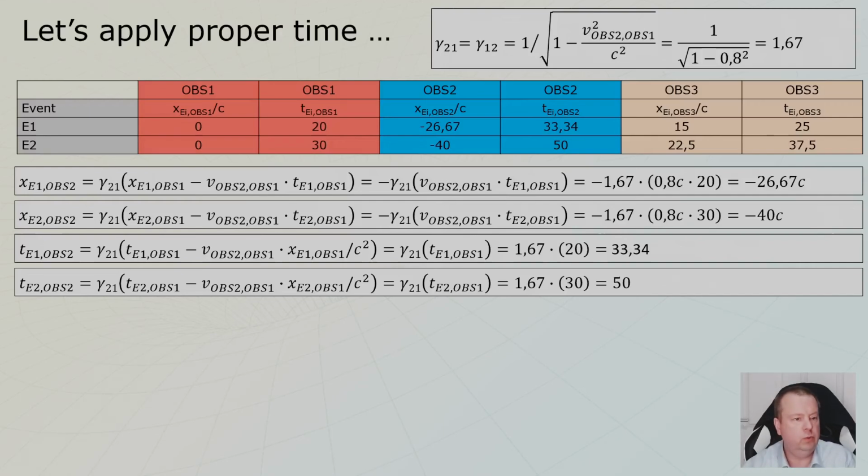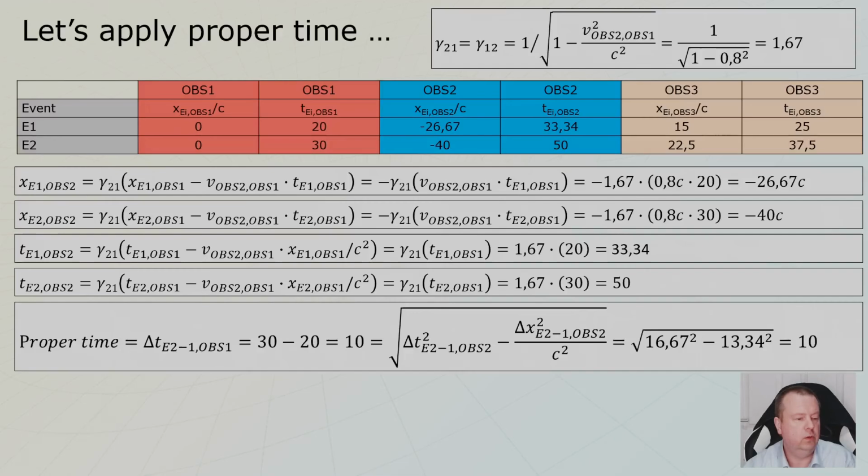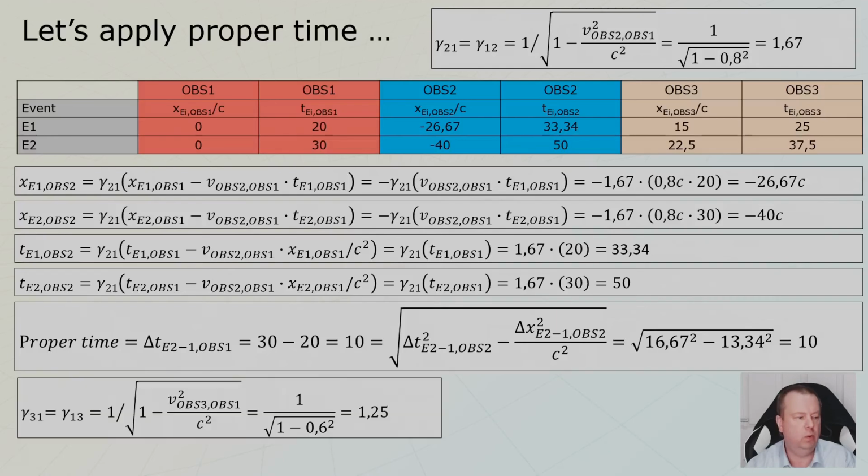I'm not going to do it for the third observer. You can do this on your own. I'm sure you can. But if you calculate proper time using the observations from observer 2, and you put them in the equation for proper time, you will see you will get 10 again, no matter what.